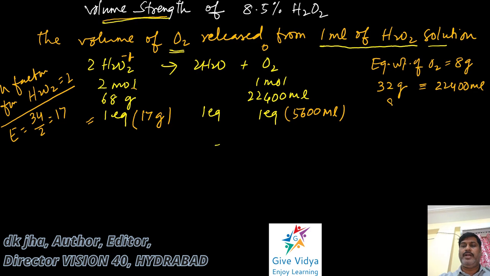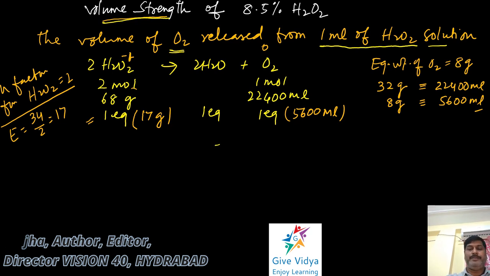So here the 8 gram is equivalent to certainly 5600 ml. Very clear. So now 17 gram gives 5600 ml.